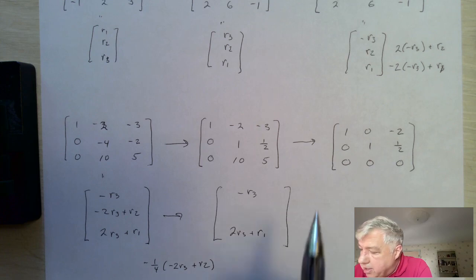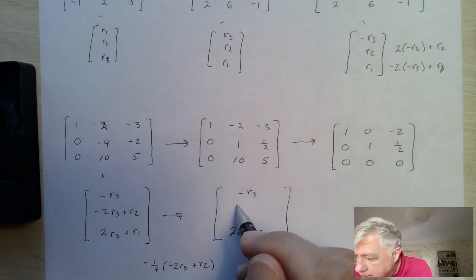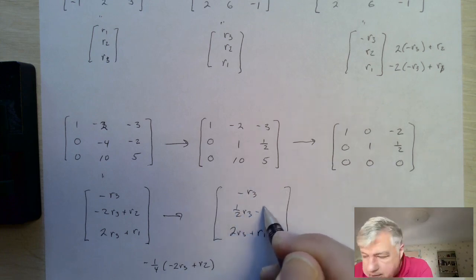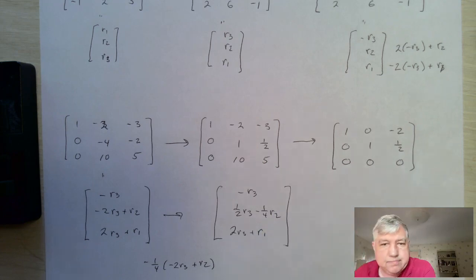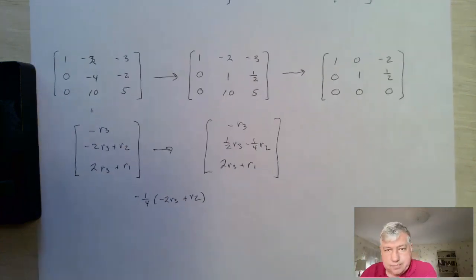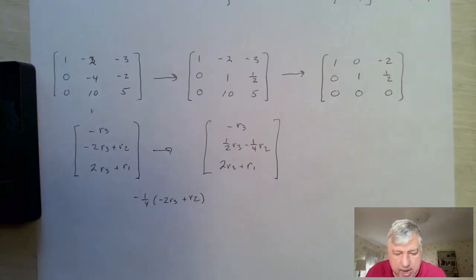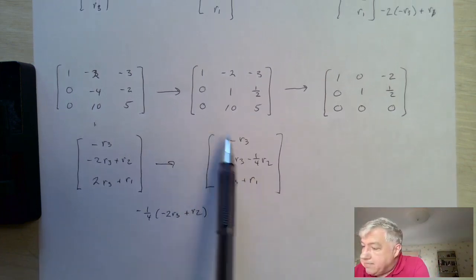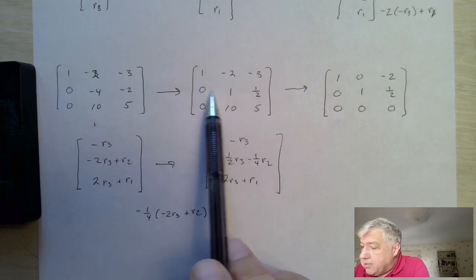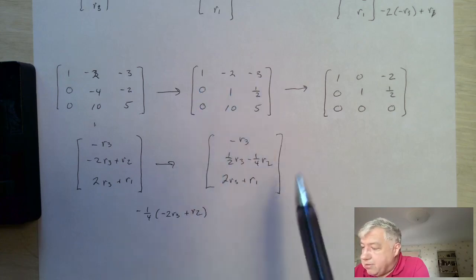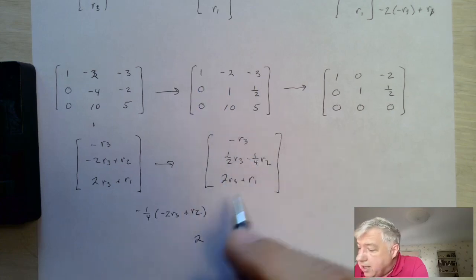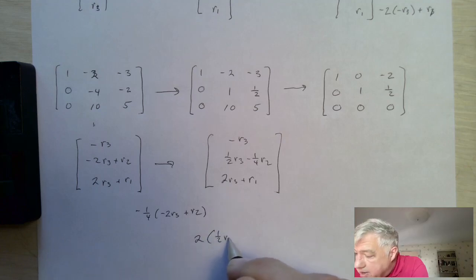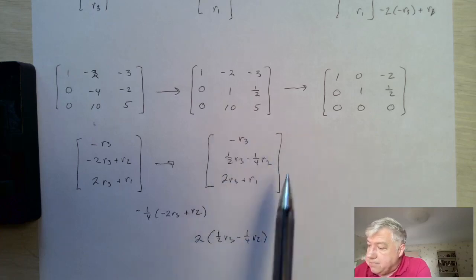If you do the calculations, this is going to be 1/2 R3 minus 1/4 R2. And then finally we did the operation where we multiplied this row by 2 and added to this row.